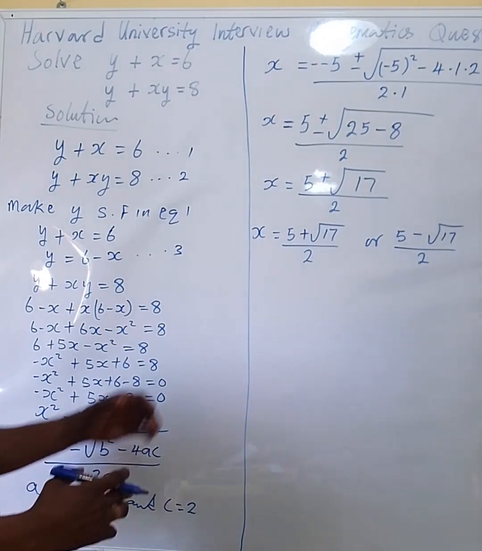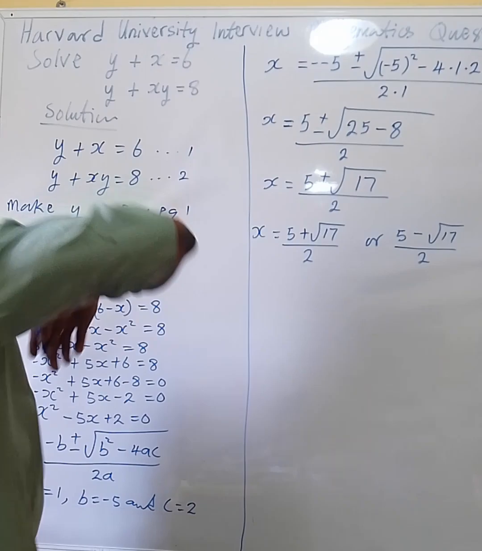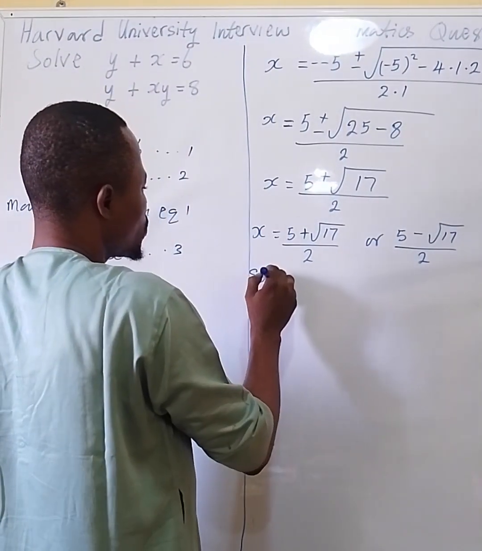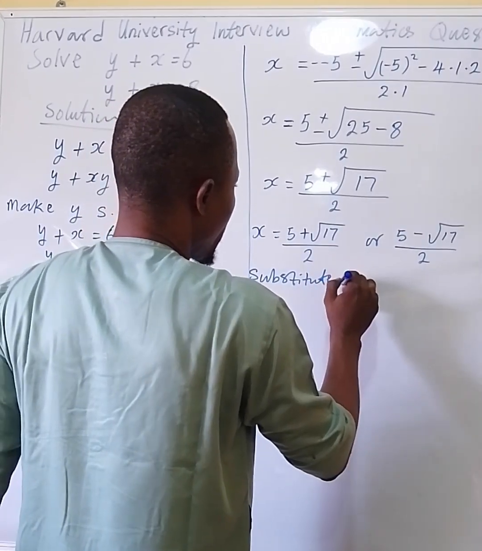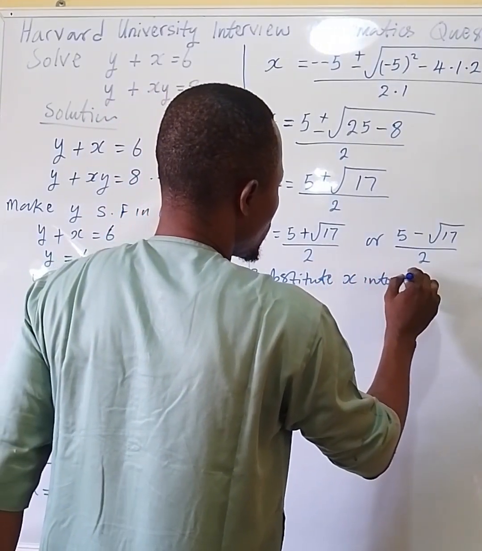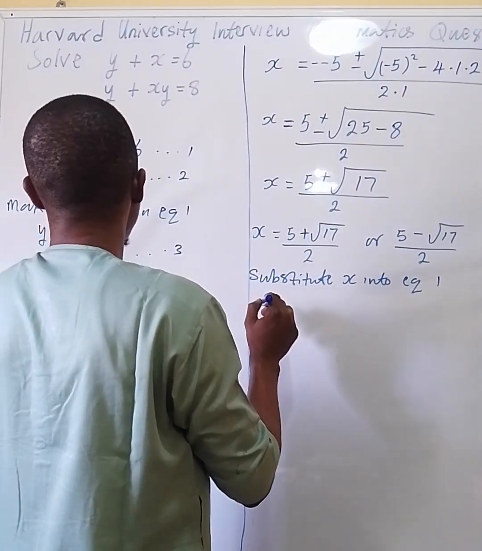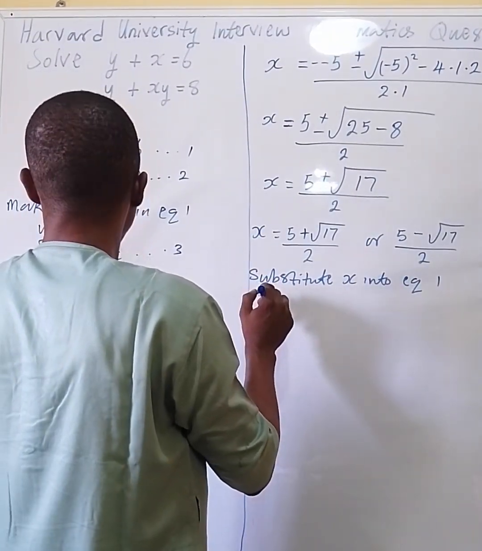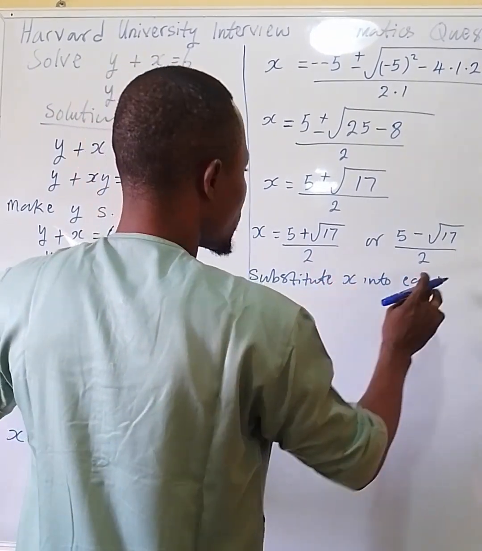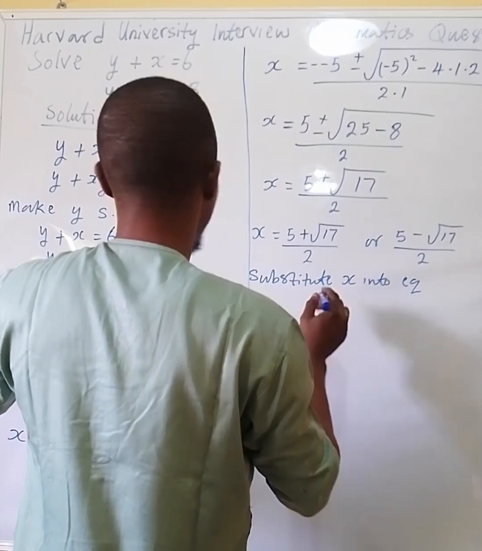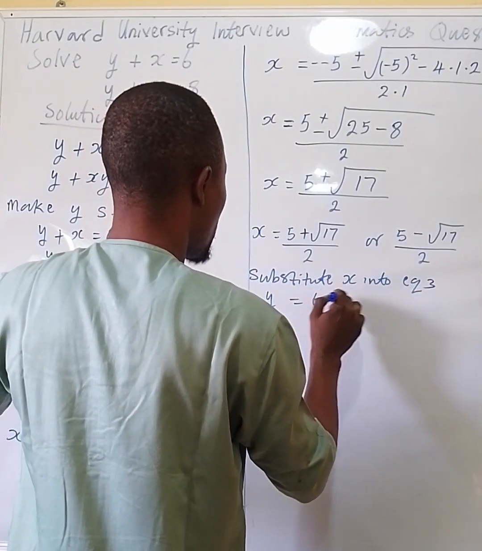So the value that we have gotten for x, we substitute it into another equation. So we say substitute x into equation, let's use equation 1. Okay, let's use equation 3, which says y equals 6 minus x.